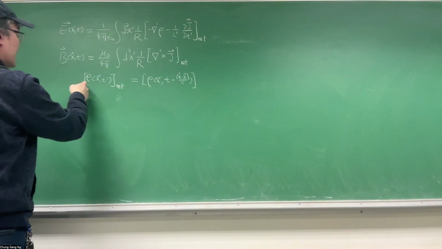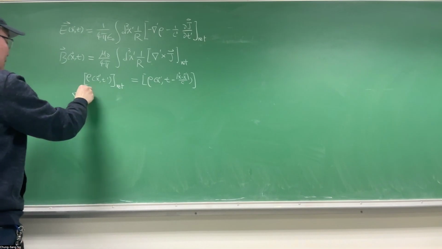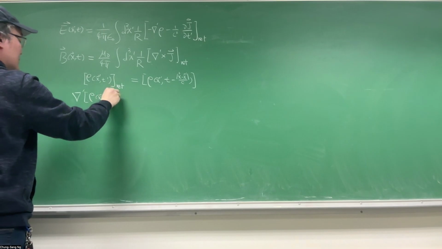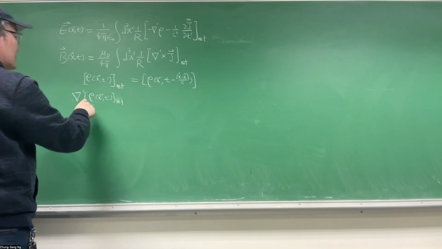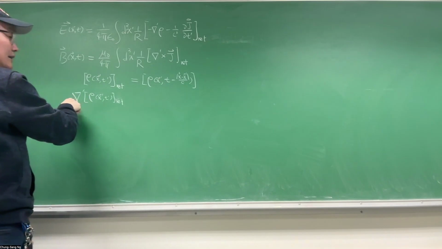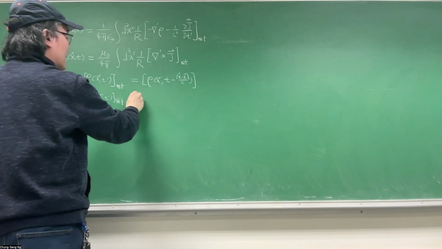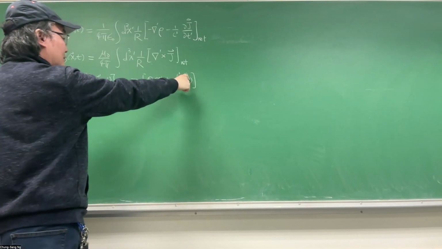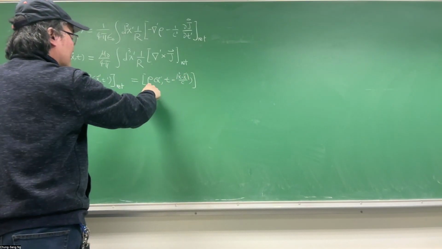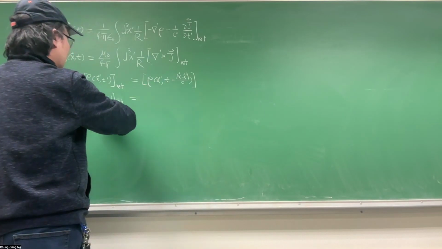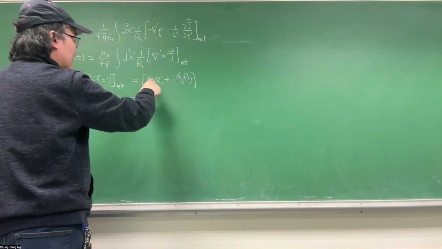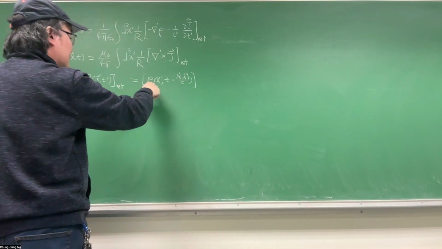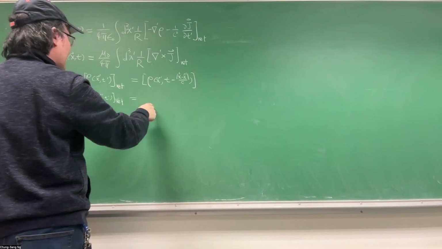If you take a gradient prime of this, this is different from the other one. This is outside, and because there's x prime here and x prime there, you need to take the derivative with respect to both of these x prime dependencies.